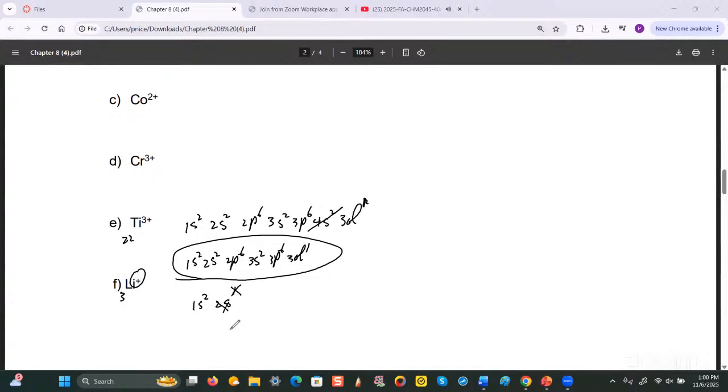So in the case of the lithium ion, the electron configuration is 1s2. This will be the answer. And the lithium ion has the same electronic configuration as helium, so it also has a noble gas configuration.